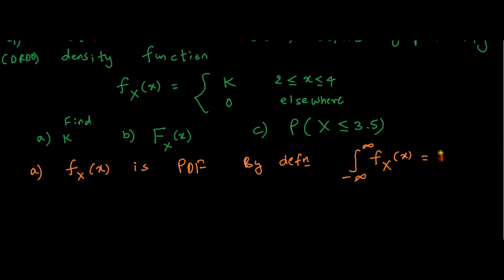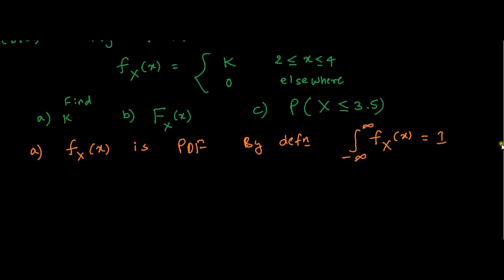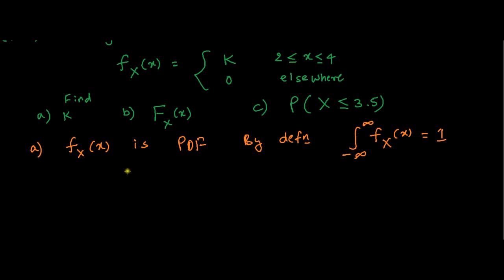Using this formula, we need to calculate k, which is fairly simple. Since it is 0 elsewhere, we just need to find the area from 2 to 4.